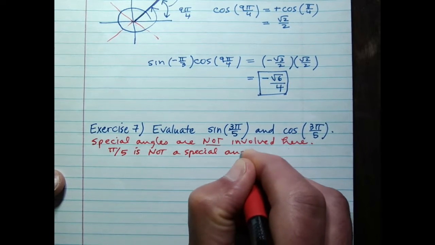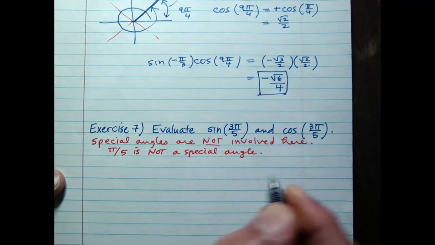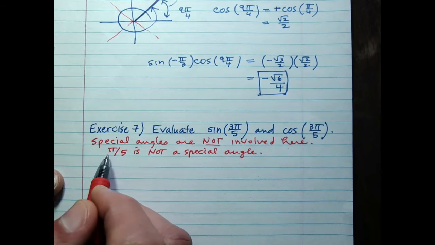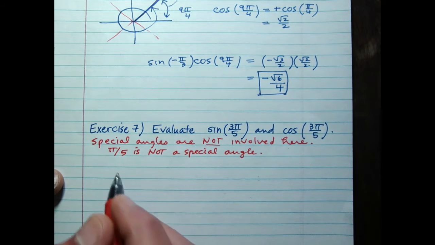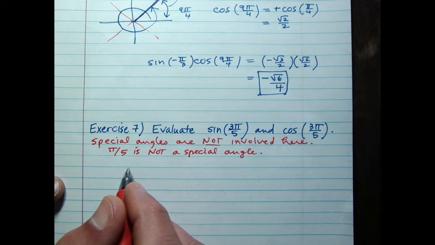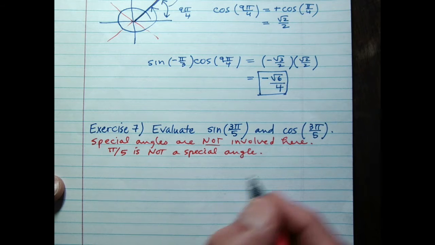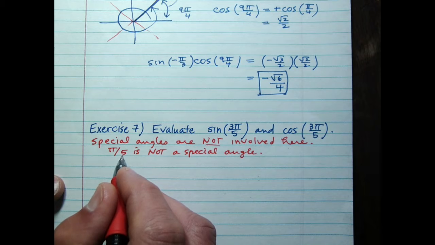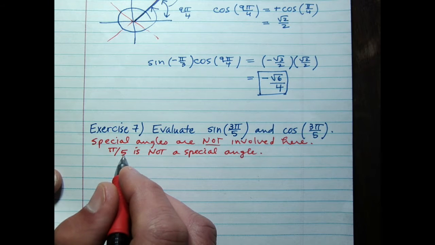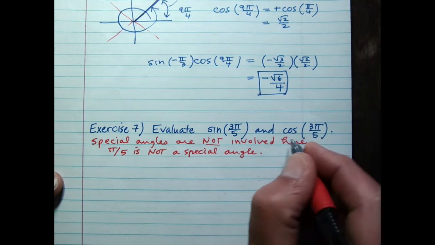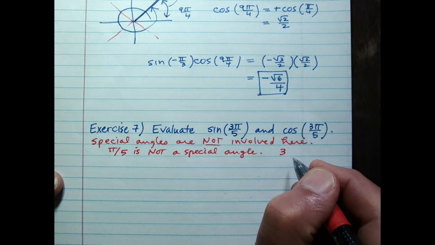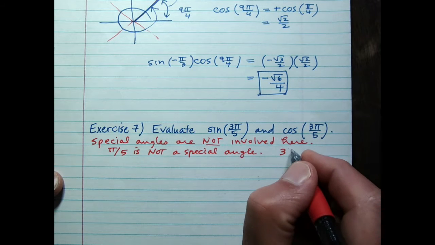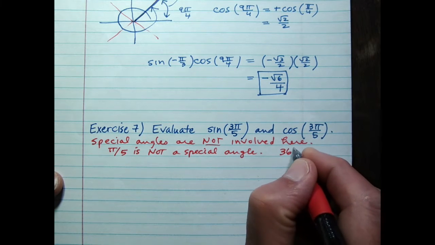So if we end up with an angle that's not one of these angles we've memorized, in fact, we could convert to degrees here, and pi over 5 in degrees turns out to be 180 over 5. 180 over 5 is, I think, 36 degrees actually.